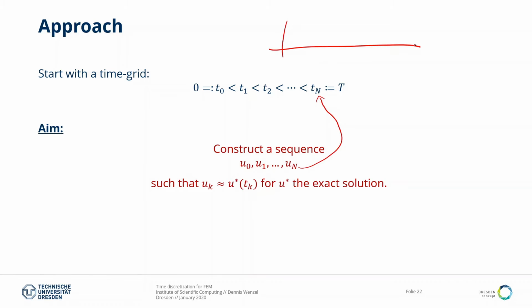If you have some time interval here and you have an exact solution like this and some time grid like this, then if you do some discretization scheme, you want to have values that are at least close to your exact solution. And then you could do, for example, a linear interpolation scheme and get your approximated solution.